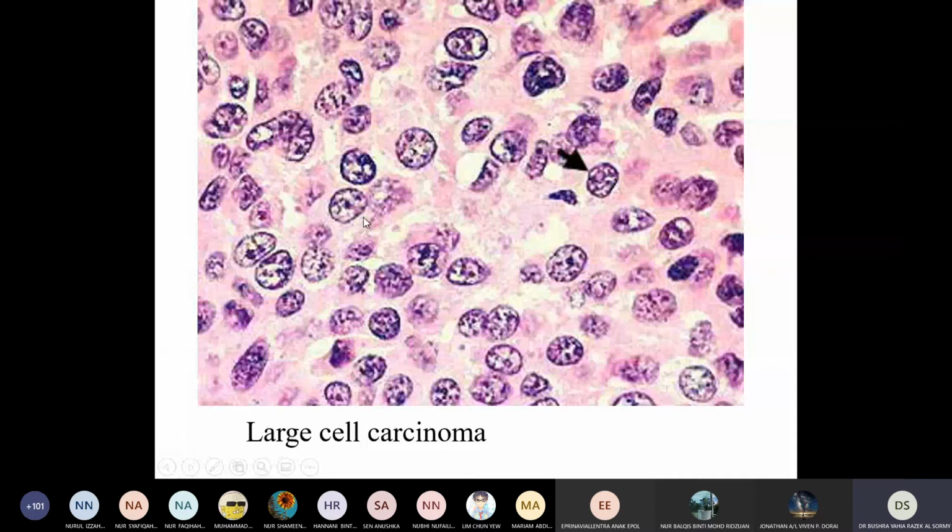In this case, either we report large cell carcinoma or undifferentiated squamous or adeno, because undifferentiated squamous cell carcinoma and also adeno look like these large cells. So in this case, we have to do stains to know whether it is adeno or squamous or large cell.